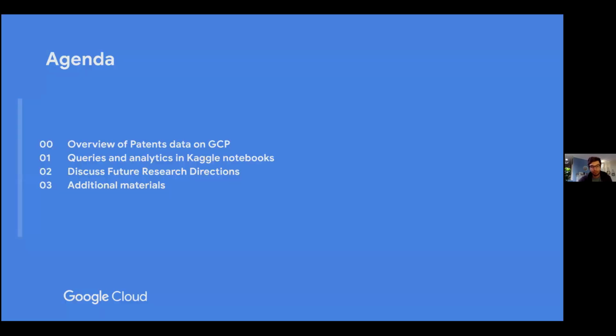So we're going to run through what data exists and then some example notebooks and analysis that exists inside of Kaggle. And Kaggle is just a Python hosted notebook environment that makes it really easy to query data in BigQuery without a whole lot of setup of accounts.